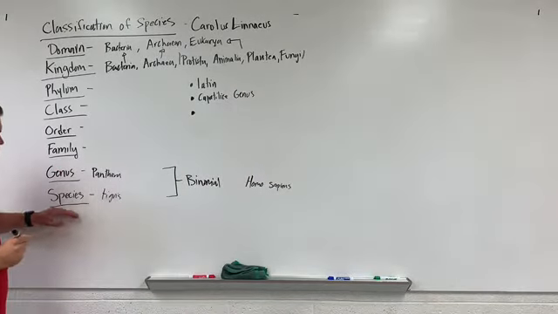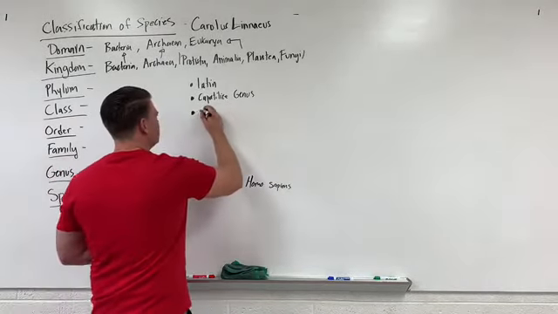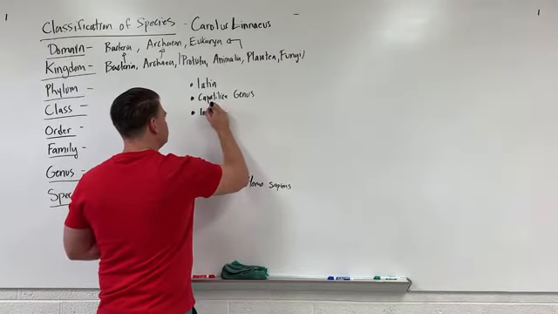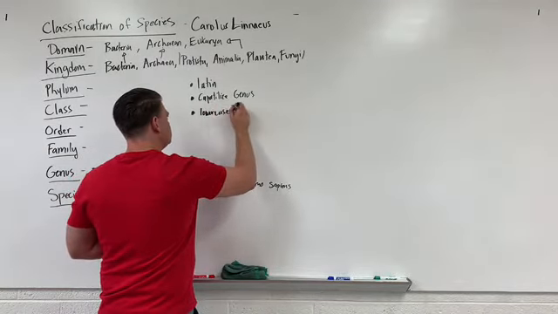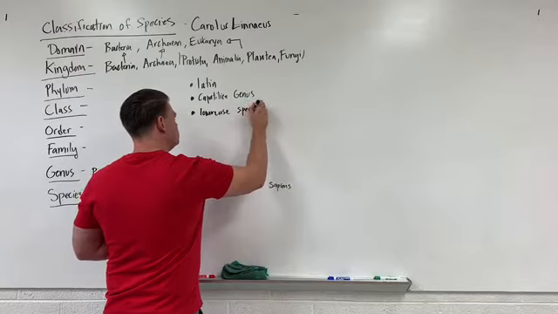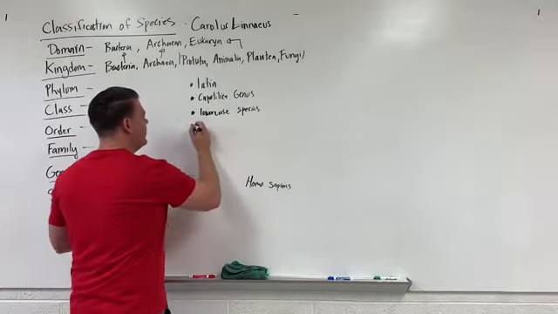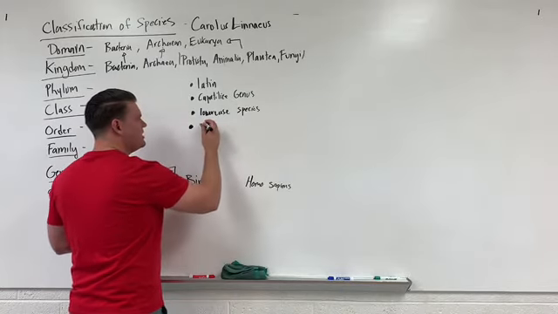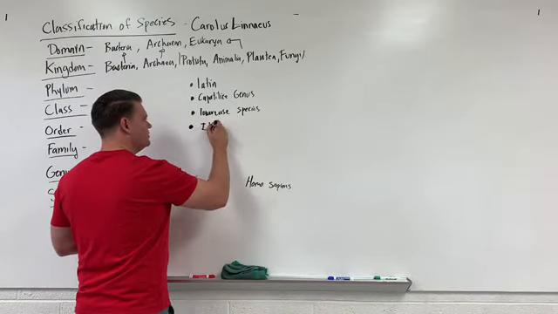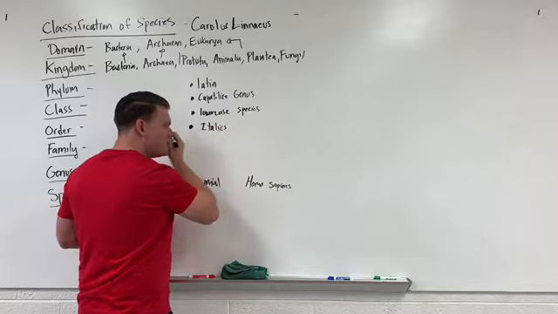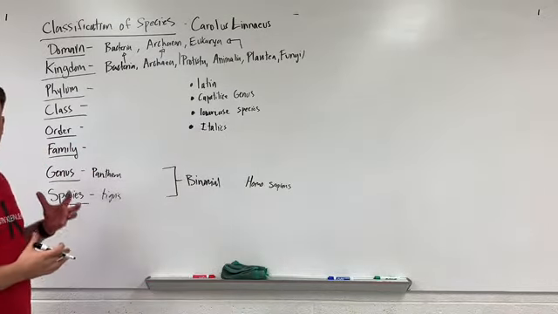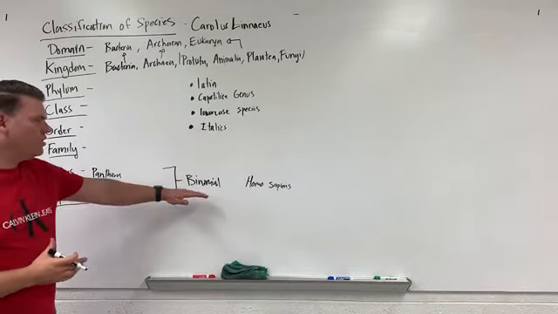The species has to be lowercase. And then the whole thing has to be written in italics. That's how you properly write the binomial of a species.